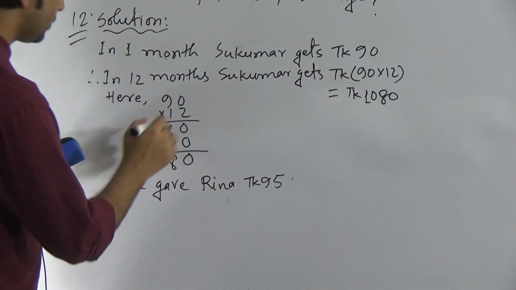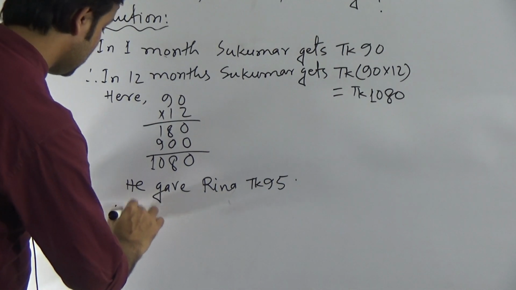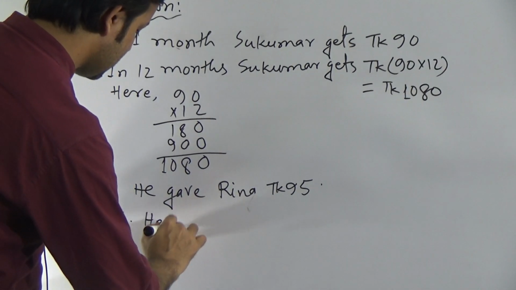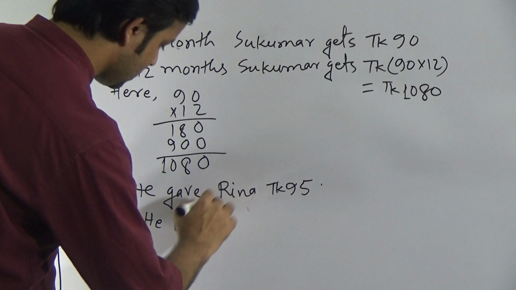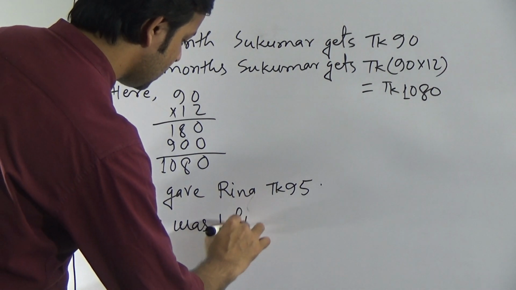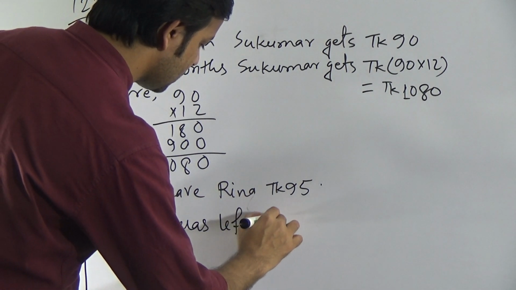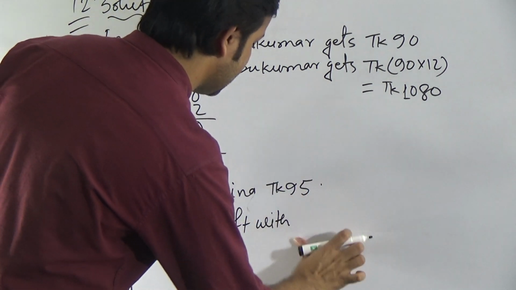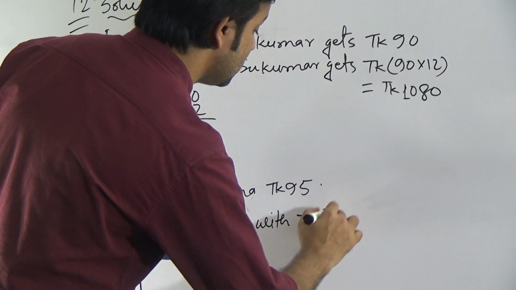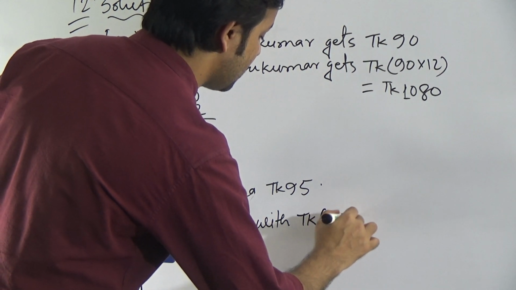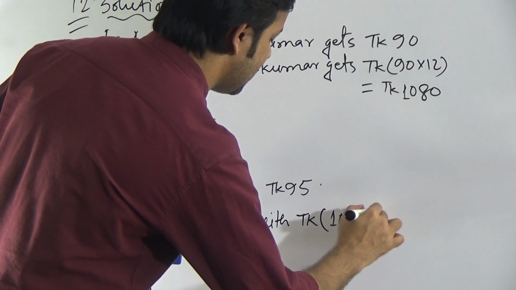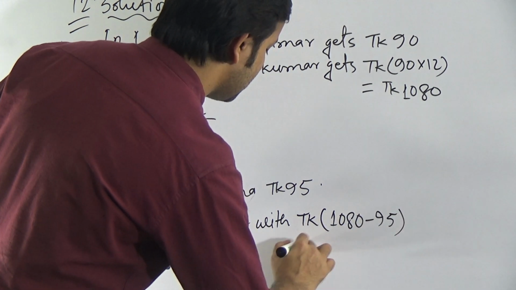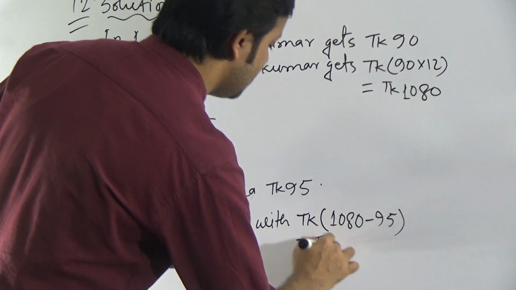Therefore he was left with, it means that we have to subtract 95 taka from 1080 taka. We will get the required answer for this question.